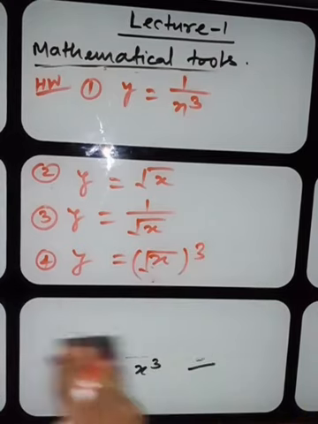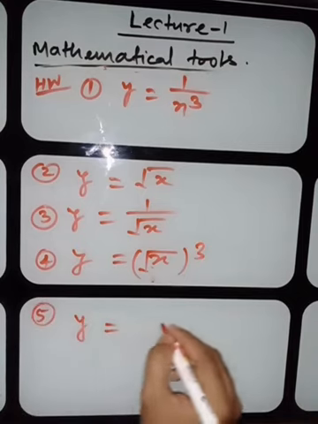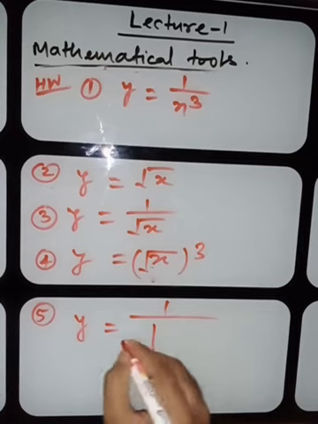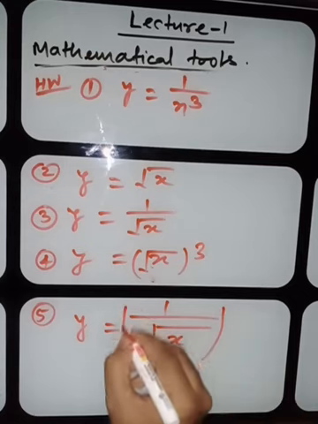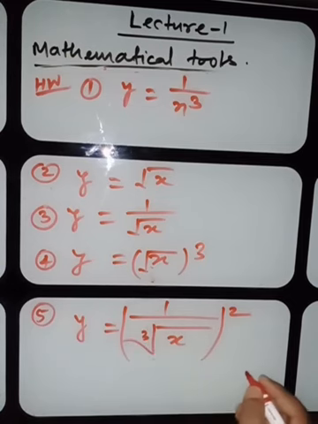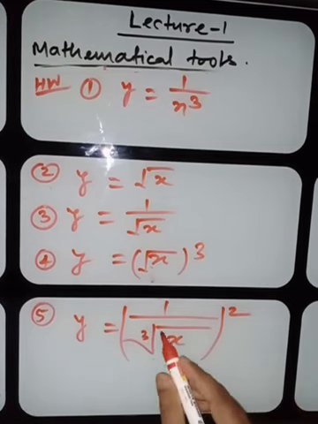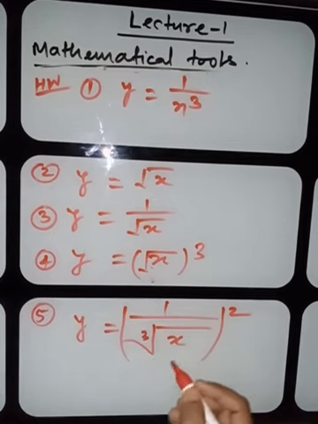And the last one, the fifth, y is 1 by cubic root x, whole square. Remember, a square root means the power 1 by 2. Cubic root means power 1 by 3.